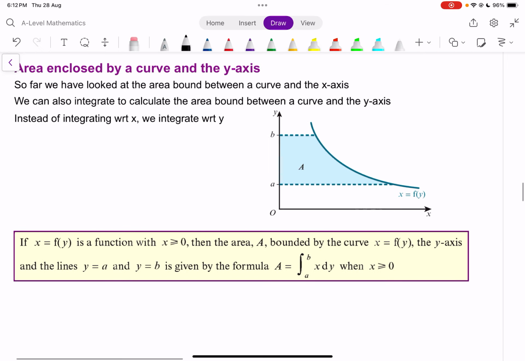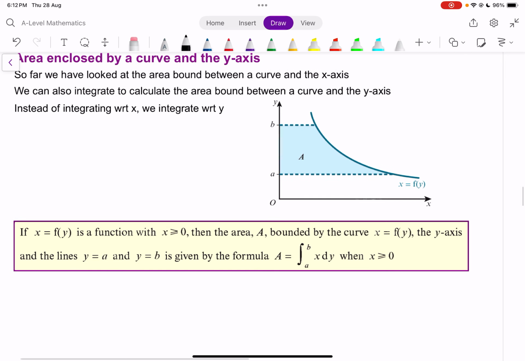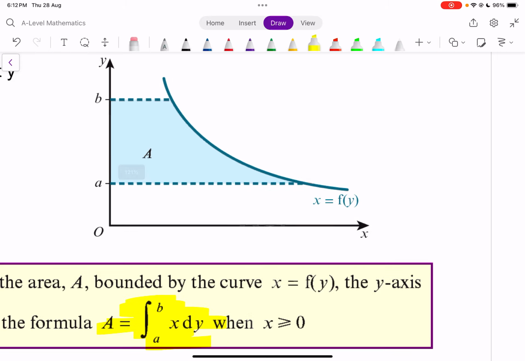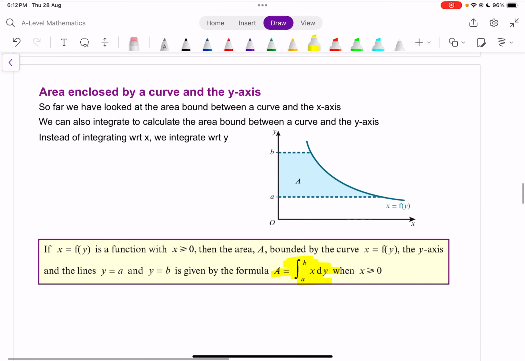Okay? So that results in the area equals integration from b to a of x dy. 可是你要注意哦，x is equal to a function of y. 所以这个就是 inverse part.